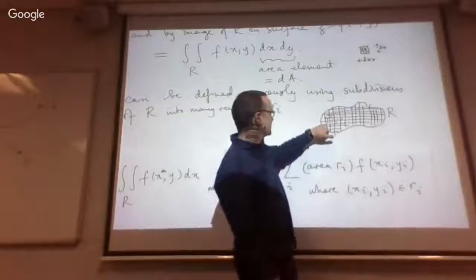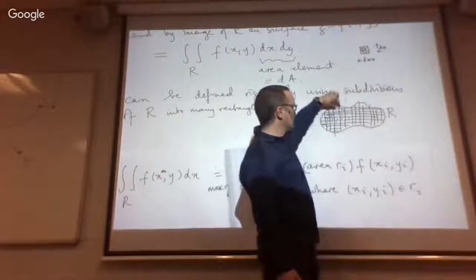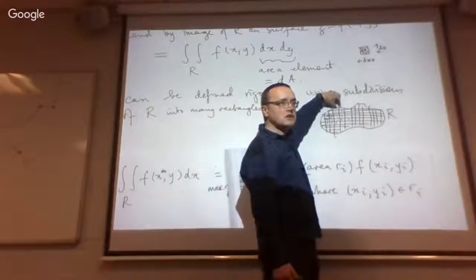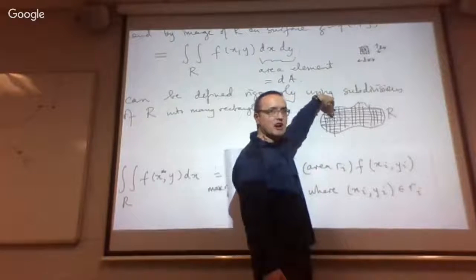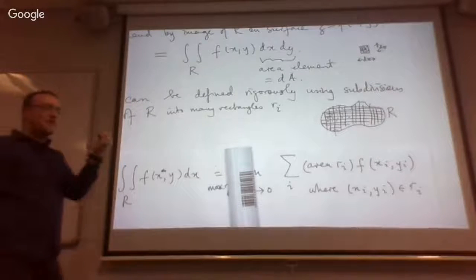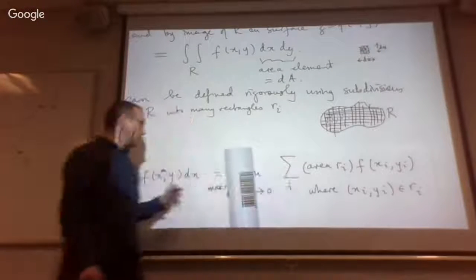Of course, at the edges, there'll be all these little gaps and overshoots where you're counting rectangles that overshoot the area somewhat, or maybe leave a little gap of the area R that isn't considered. But if you've got a very fine subdivision of R into rectangles, this summation will approximate the integral.